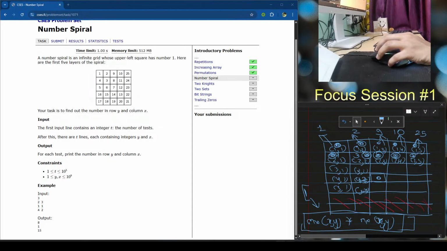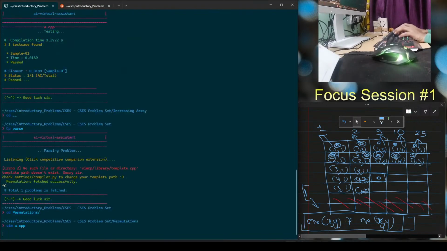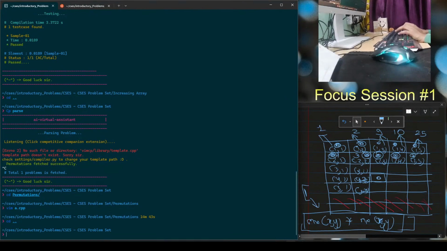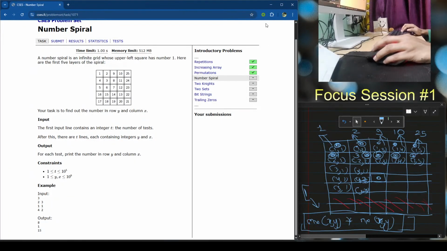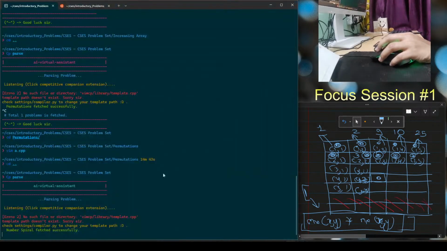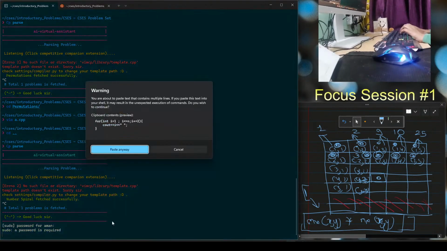Hmm, let's just open the menu. Okay, what?